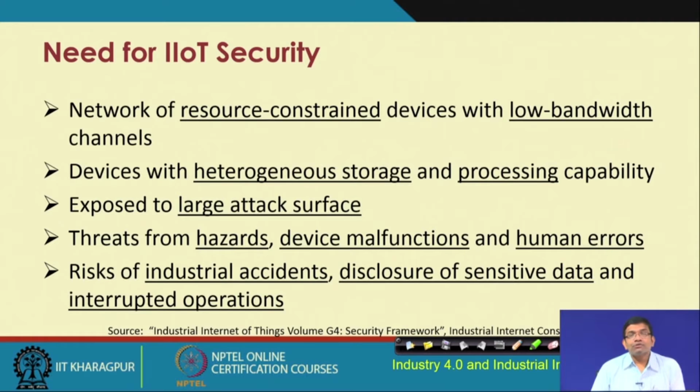We have already seen the different types of communication, wireless and wired, applicable for IoT, each characterized by its own features. If you think a little deeper, they pose their own vulnerabilities which will have to be addressed. Otherwise, security attacks would be possible.